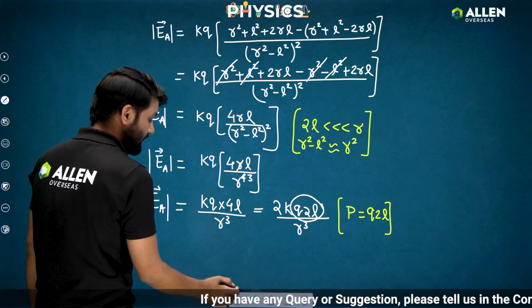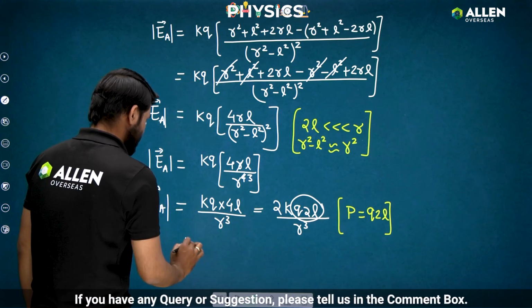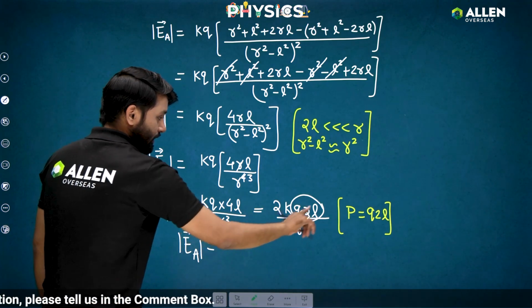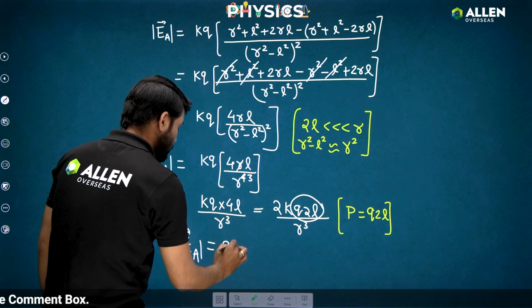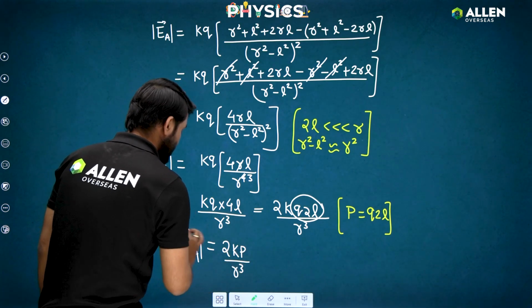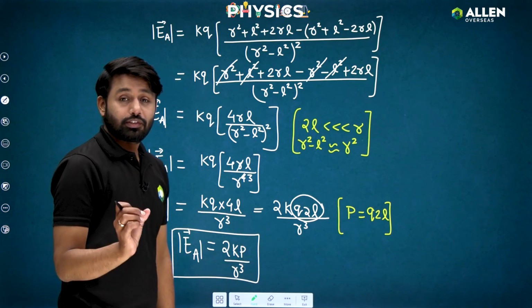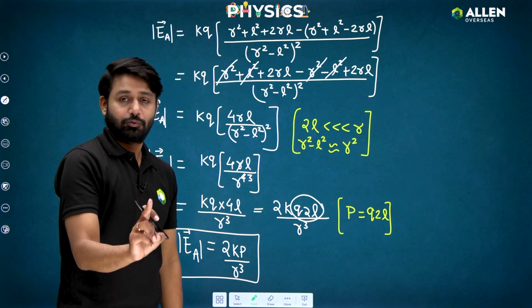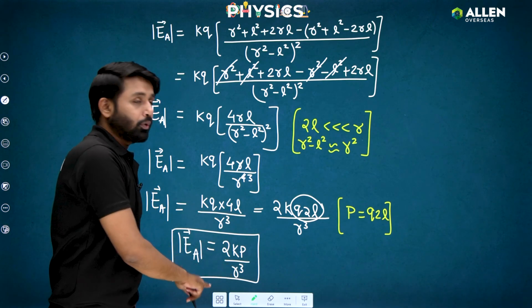So you can replace this with P. So it's 2Kp divided by R cube, right, students? So this is the magnitude of electric field at the axis of dipole. You have to remember 2Kp upon R cube.